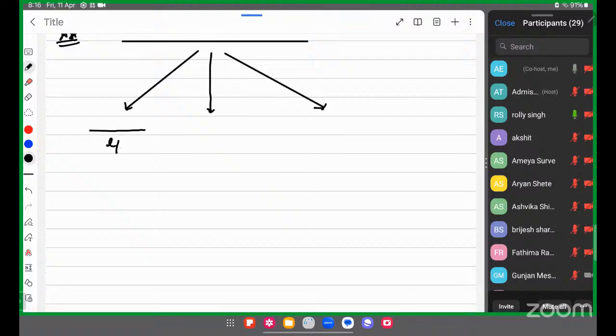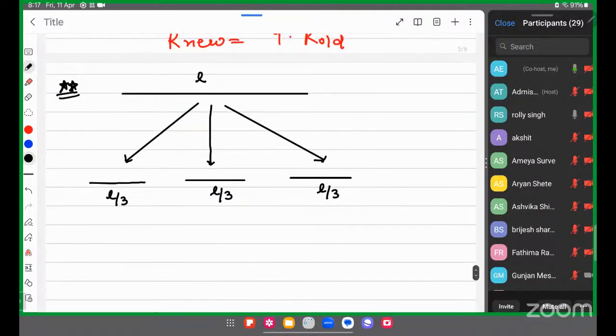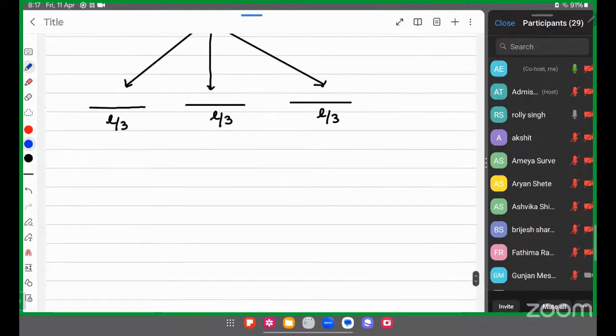This length is L by 3, this length is L by 3, this length is also L by 3. Question is, if the original resistance of the wire in its original form is R with resistivity rho, what will be the resistivity for the 3 different pieces of the wire?